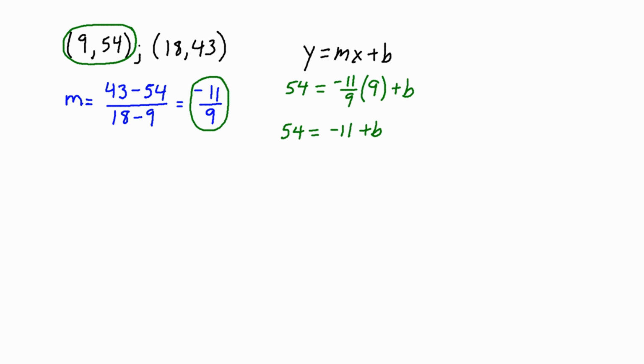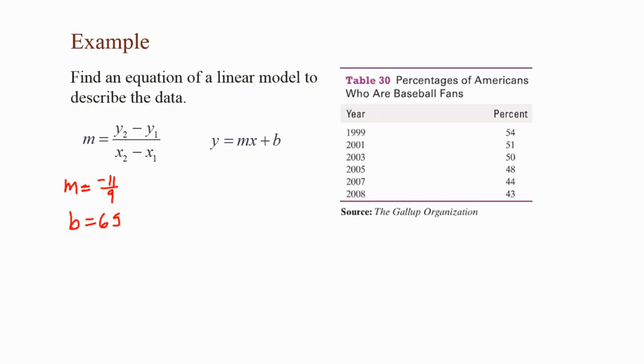Add 11 to both sides. 65 equals b. Now we're ready to write the equation of our line. Our year is t and our percent is p. So p equals negative 11 over 9 t plus 65.